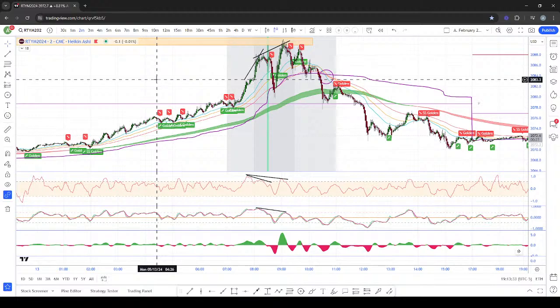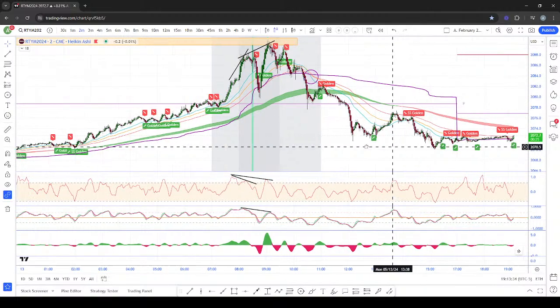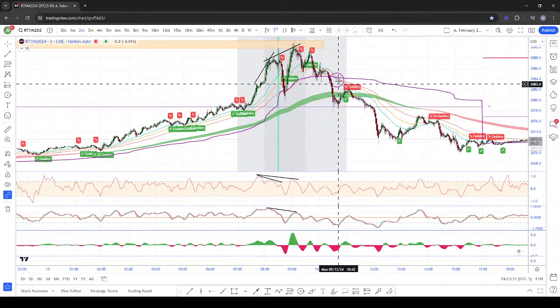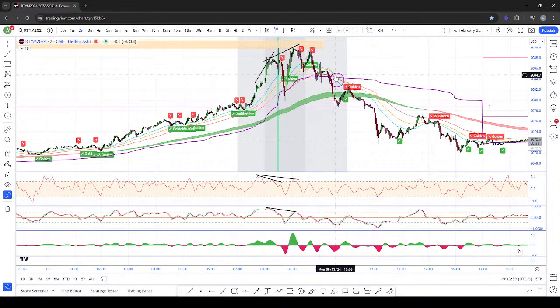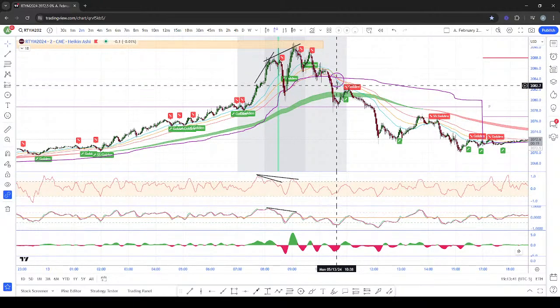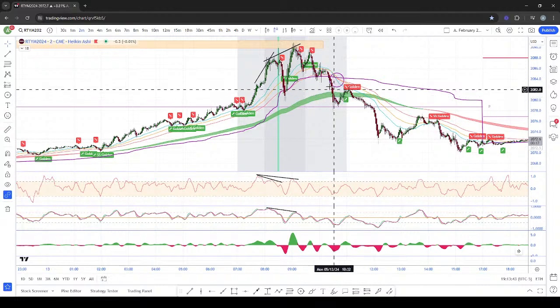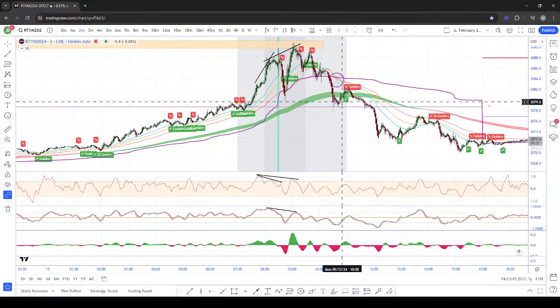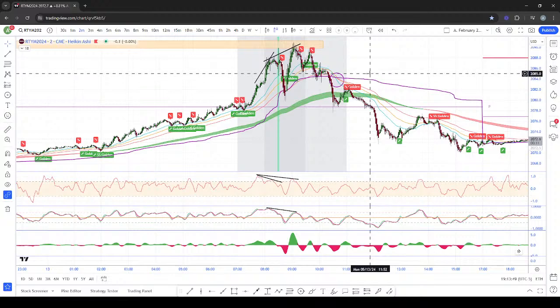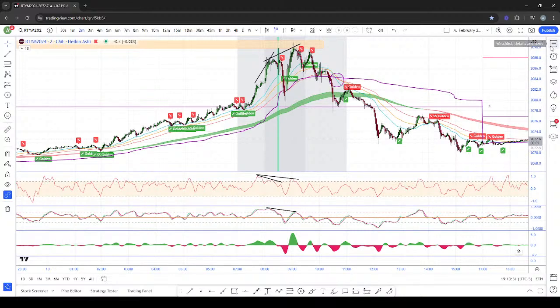So be on the lookout for that. Coming up, I am close to putting together a nice little strategy based on this and a different time frame as well. Okay, so that was what was happening on the Russell here.